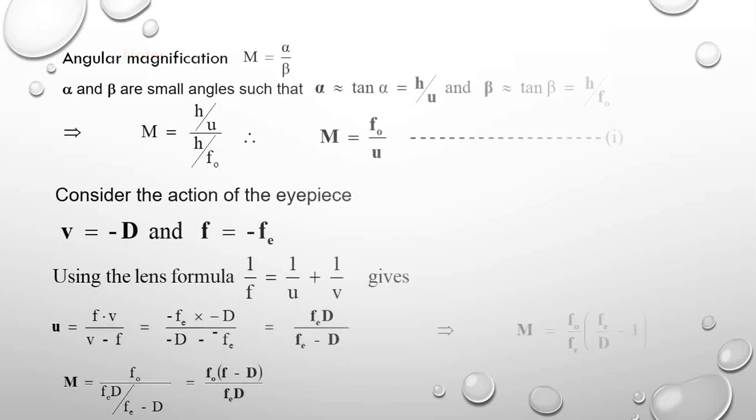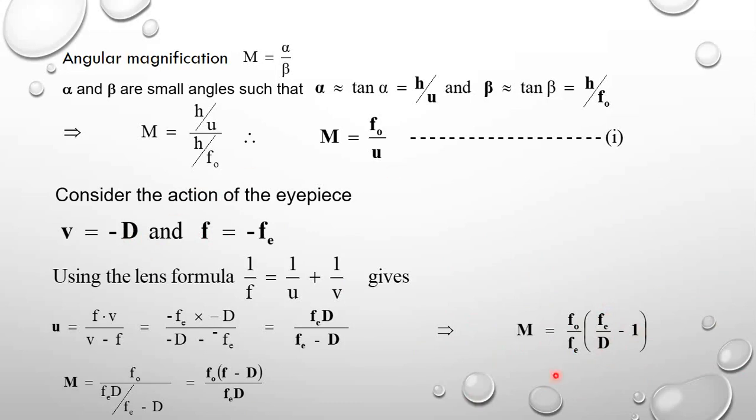Let's make a note here. When you look at that expression for the angular magnification, we have already considered the sign convention here. So it means that when I'm using this formula to calculate, I don't need again to consider the sign. There is no need again to consider the sign of d and fe.